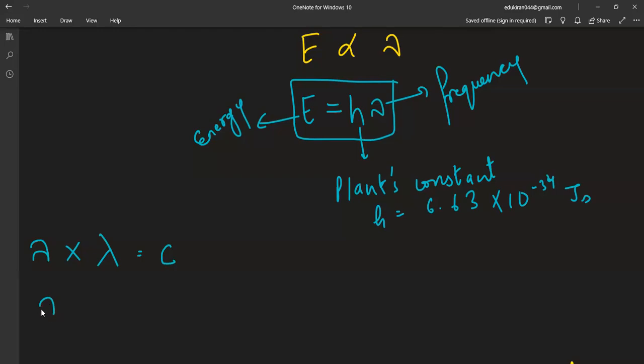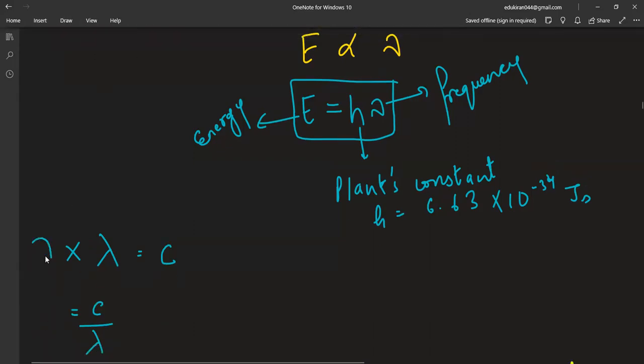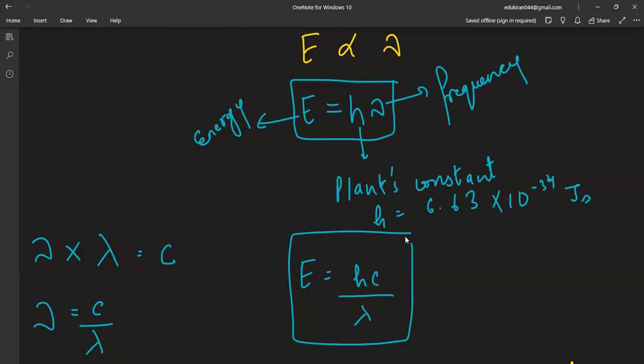So if I want to find the frequency, frequency will be equal to the speed of light by lambda. If we substitute this here, E is equal to hc by lambda. One more thing, class, the speed of light you will be writing as 3 into 10 to the power 8 meter per second. You know h, so whichever of wavelength and energy is asked, you can find it.